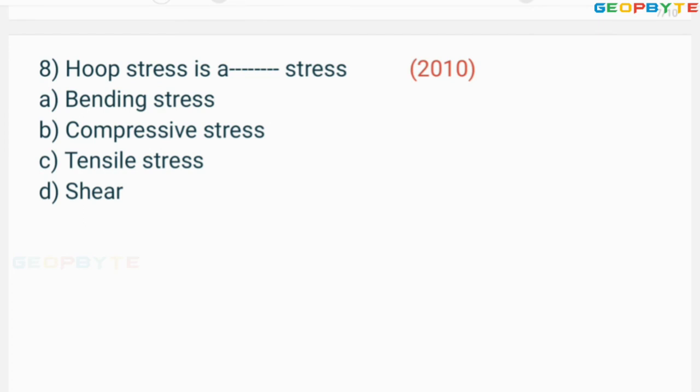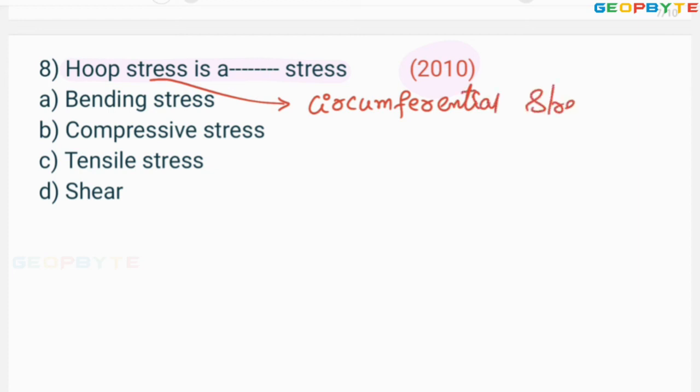Look at the eighth problem. Hoop stress is a, it is asked in 2010. Remember, hoop stress is also called circumferential stress. This hoop stress or circumferential stress comes under tensile stress.